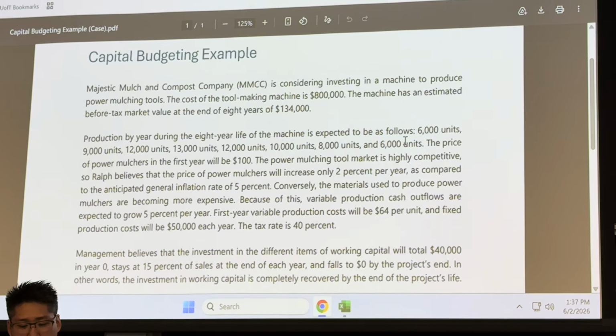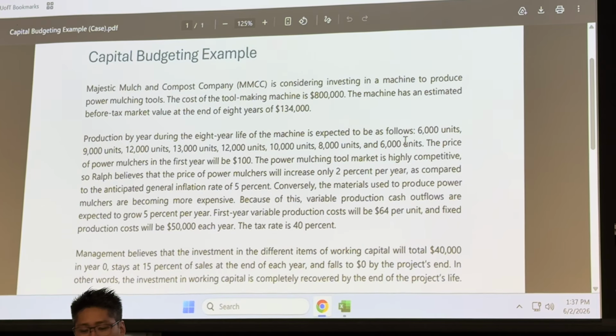The first year variable cost will be $64. So $64 would probably be raw material, labor, and everything that goes into the machine, and grow at 5% per year. And there's also a fixed cost. So the fixed cost, I don't know, maybe it is some parts replacement of the machine or whatnot, $50,000. The tax rate is 40%.